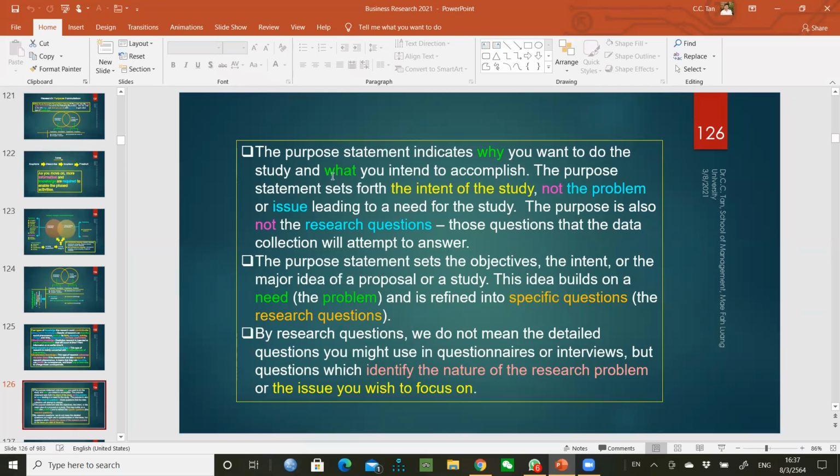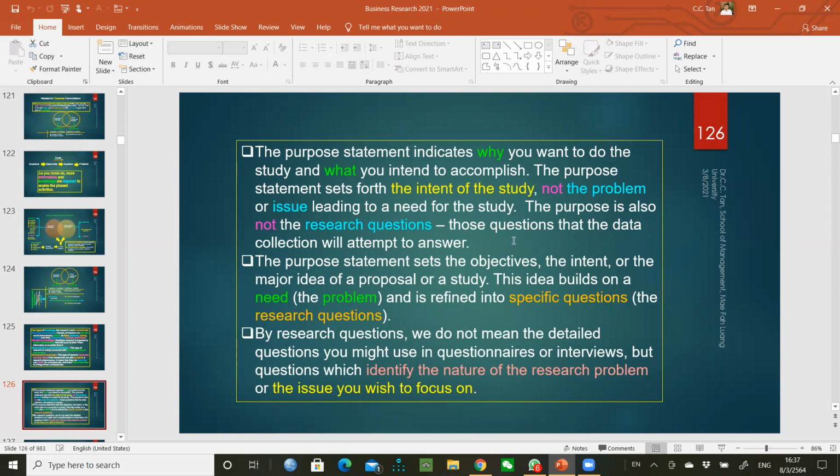Maybe you want to study how two variables interlink with each other in a way that can help you improve organizational performance. The purpose statement sets forth the intent of your study.